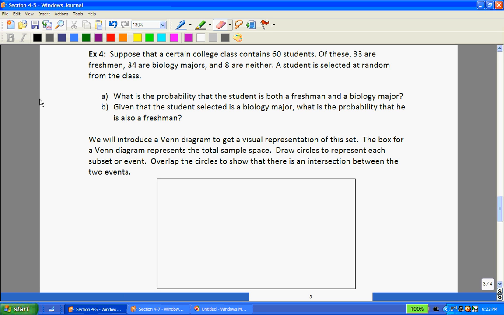In this case, our subsets are freshmen and biology majors. And we don't know how many freshmen are biology majors, meaning the intersection between the two. So we're going to overlap the circles to show that there is that possibility. So one circle is going to represent freshman students. And another circle will represent biology majors.